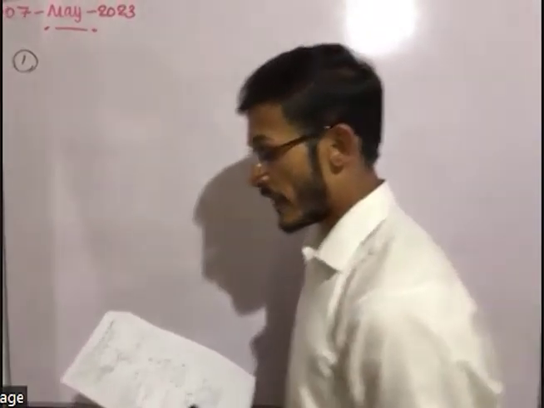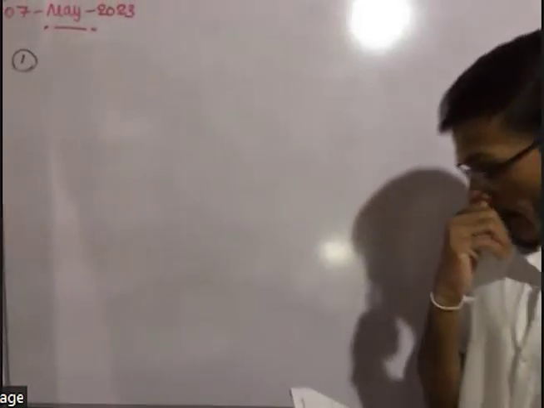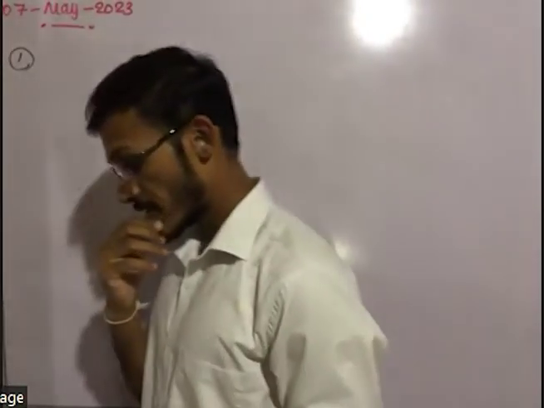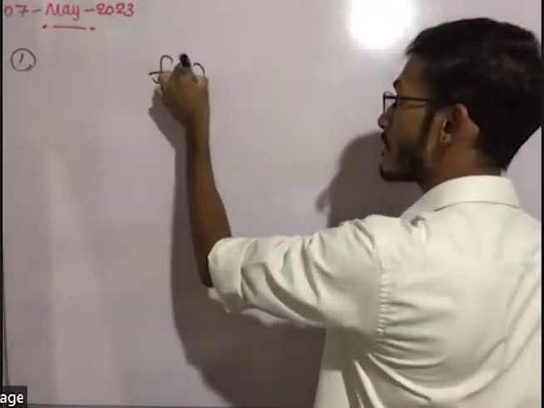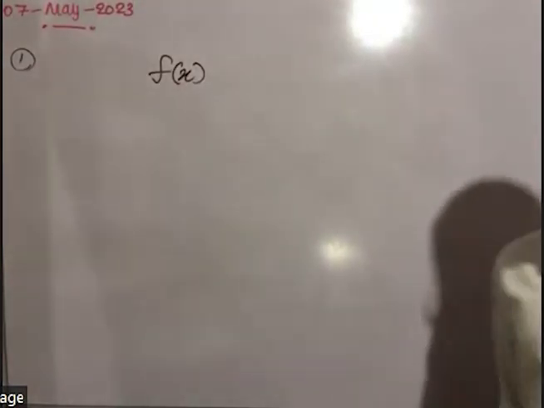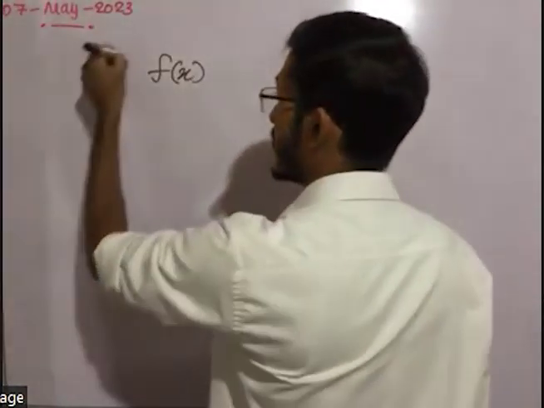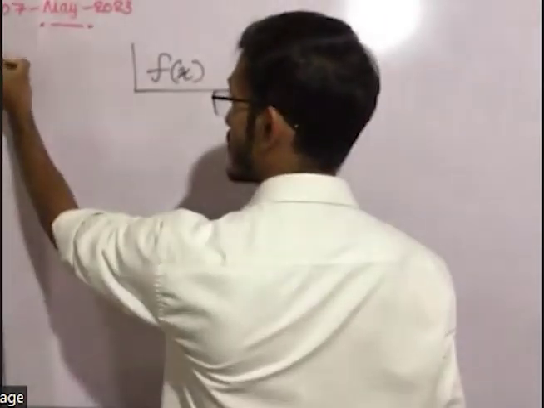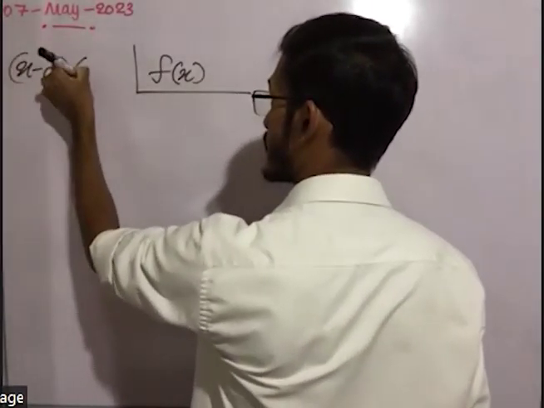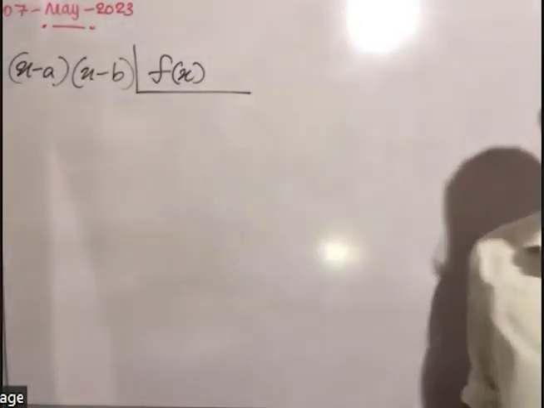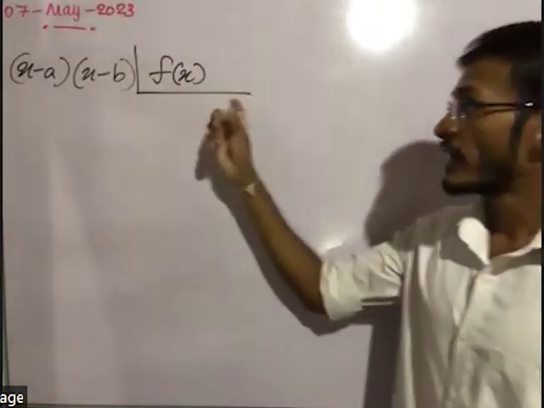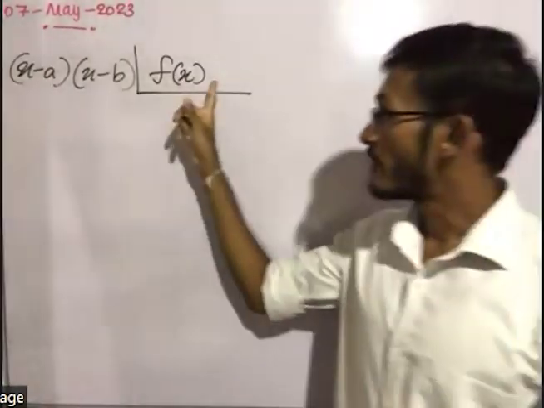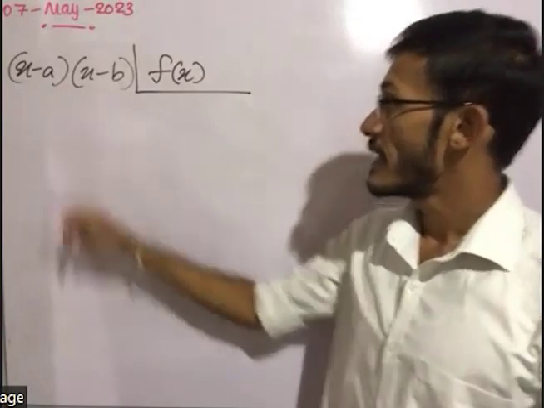Find the remainder obtained when the polynomial function f(x) is divided by (x minus a) into (x minus b). So we are going to find the remainder when the f(x) function is divided by (x minus a) into (x minus b).